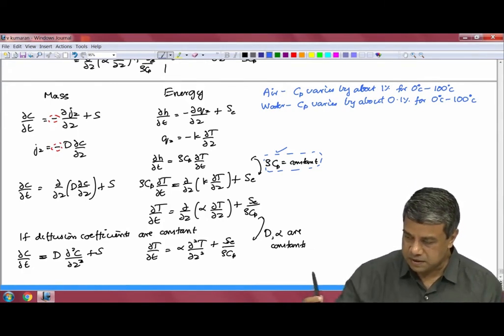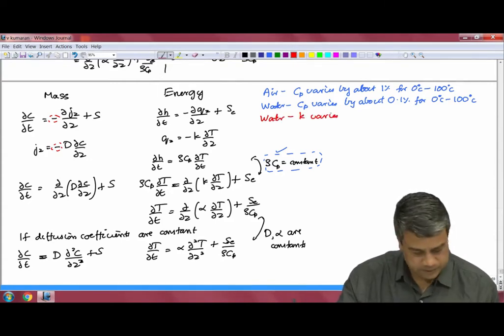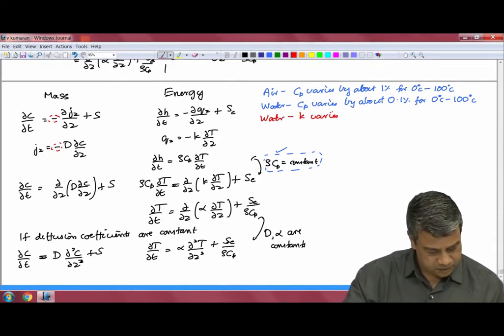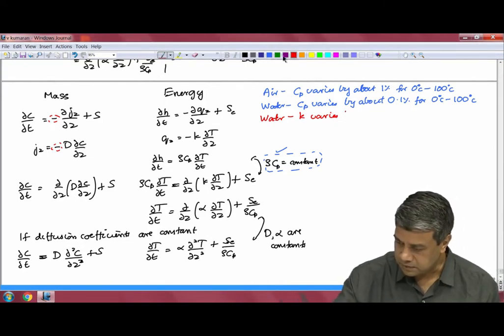In liquids, for example, in water, the thermal conductivity varies by, so let me do it for air first.